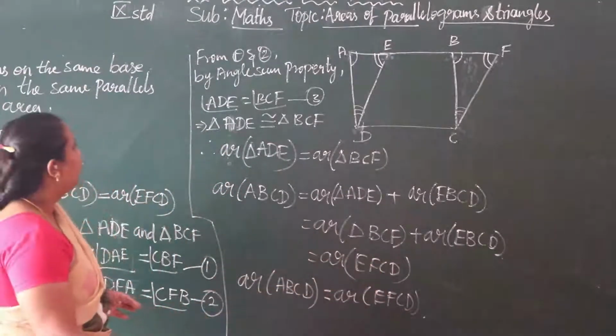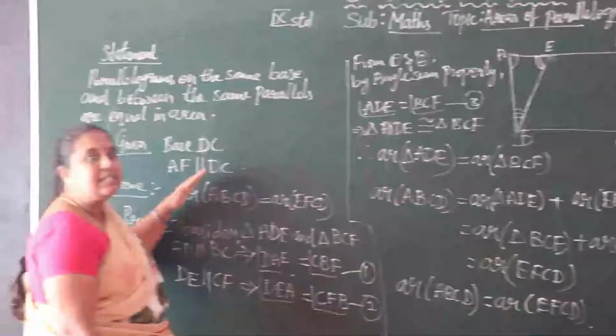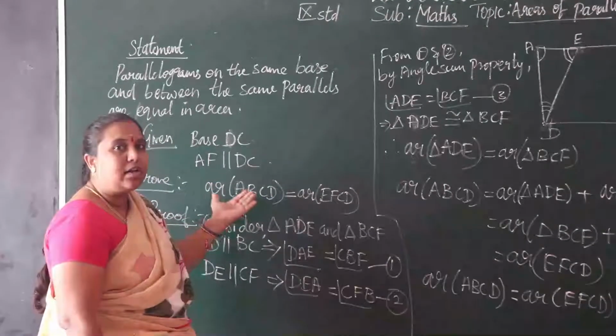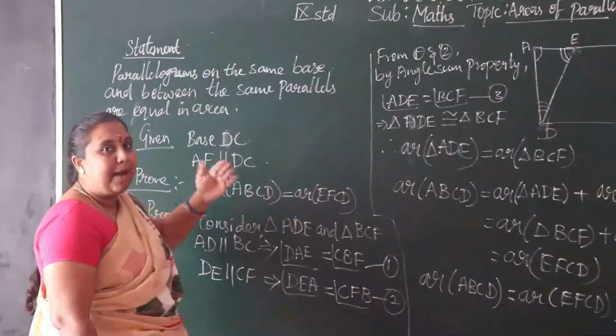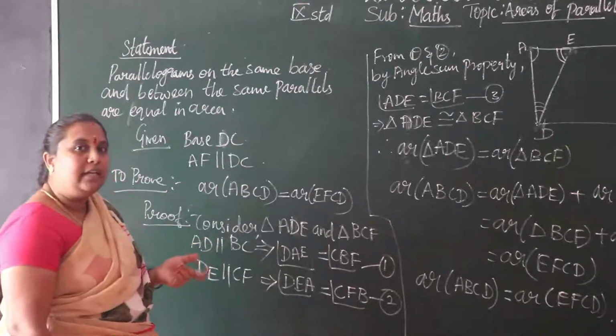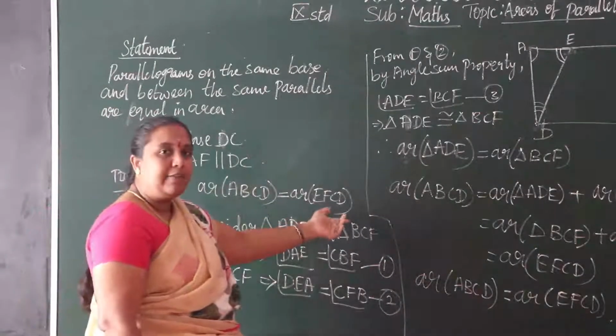Understood children? It is given that two parallelograms have the same base DC and lie on the same parallels, so the two parallelograms are equal in area. We have to prove area of ABCD equals area of EFCD.